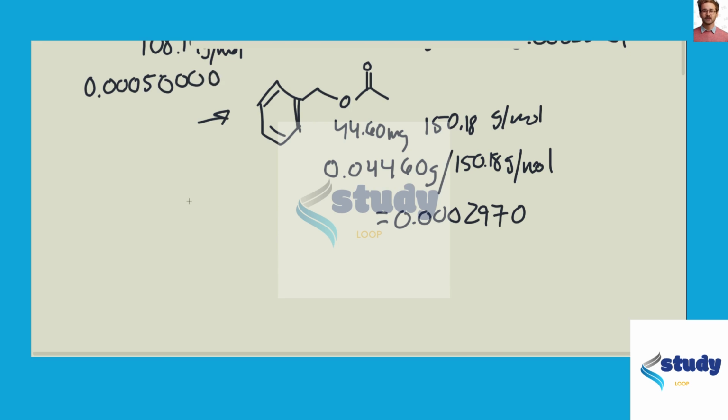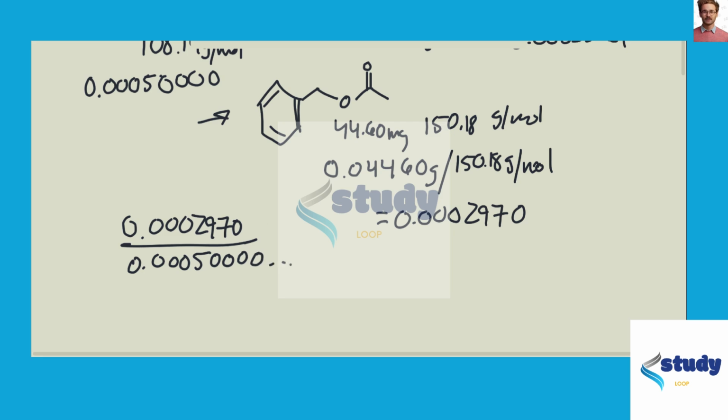Okay, so this was our moles of limiting reagent. This is our moles of product, and the relationship between them is 1 to 1. So we can simply put one over the other. That is moles of product over moles of limiting reagent: 0.0002970 divided by 0.00050000.